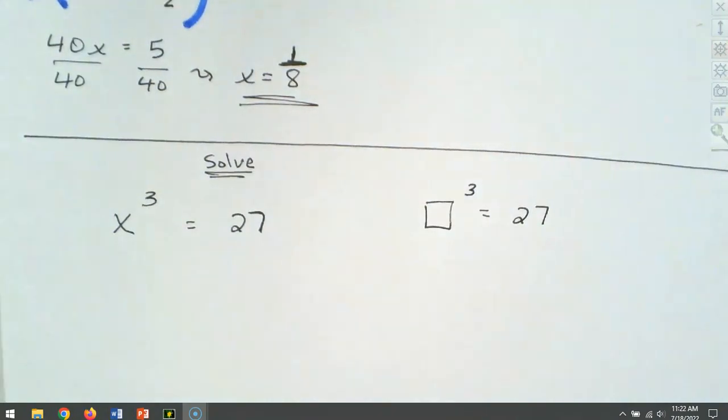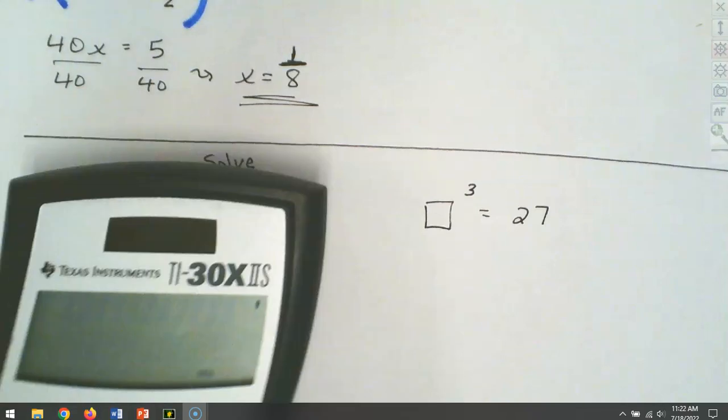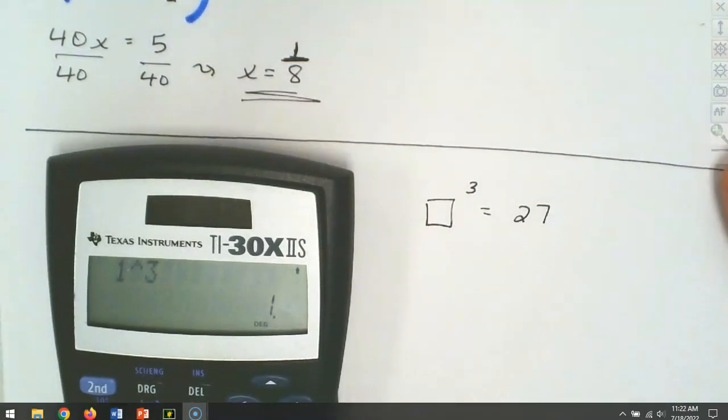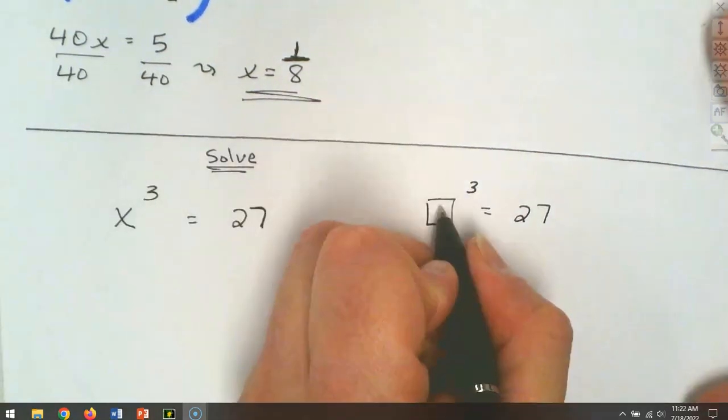What number raised to the third power is going to make it 27? Can someone tell me? So what number raised to the third power? Well, let's try the numbers here. 1 cubed doesn't work because that's 1. 2 cubed is 8, right? But what about 3? Yep, 3 cubed is 27. So that means this is 3.